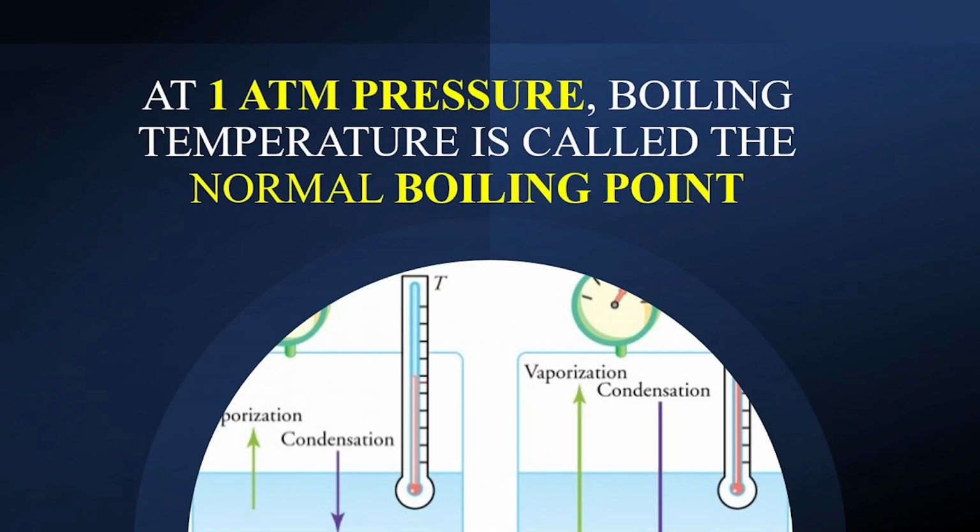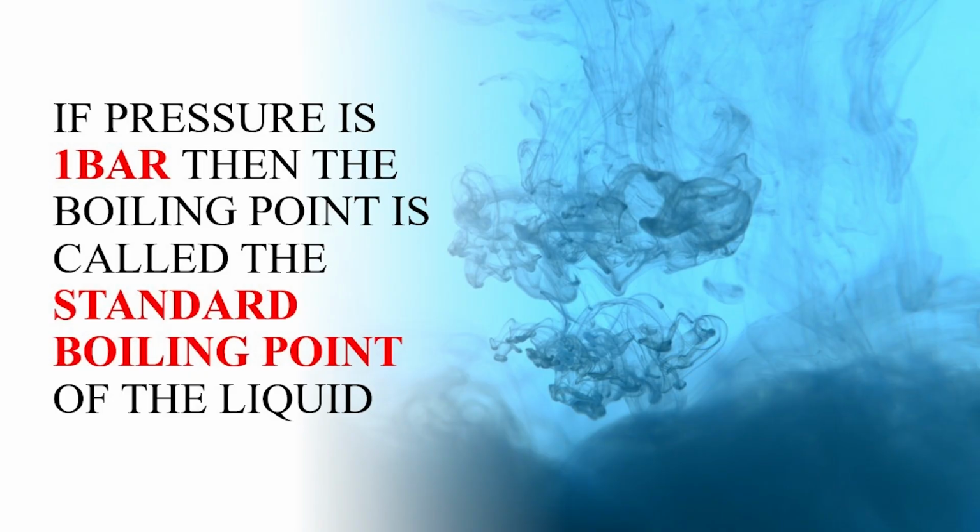Let's see the difference. At 1 atmosphere pressure, the boiling temperature of the liquid is called the normal boiling point. If the pressure is measured in 1 bar, then the boiling point is called the standard boiling point of the liquid.